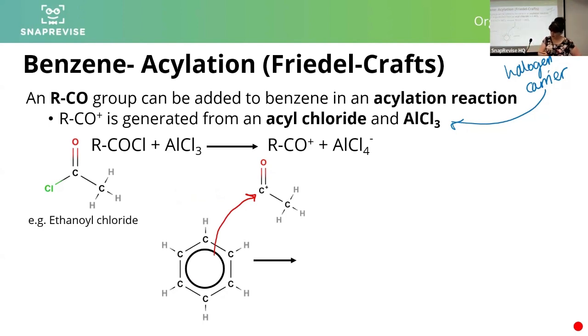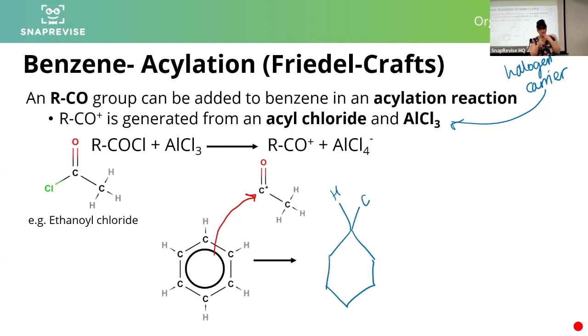That means we end up with the hydrogen, and that's attached directly to the carbon. Remember, it's attached to the carbon. The carbon was originally delta positive anyway because it was attached to an electronegative chlorine and an electronegative oxygen.